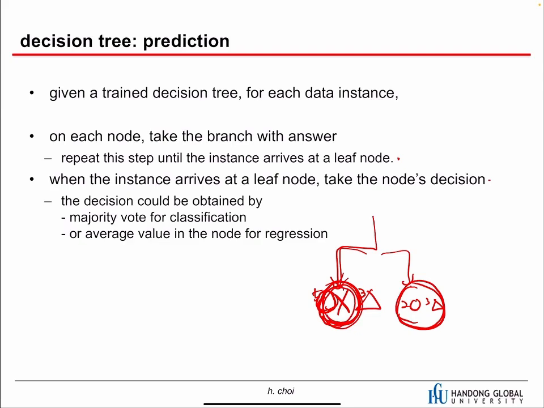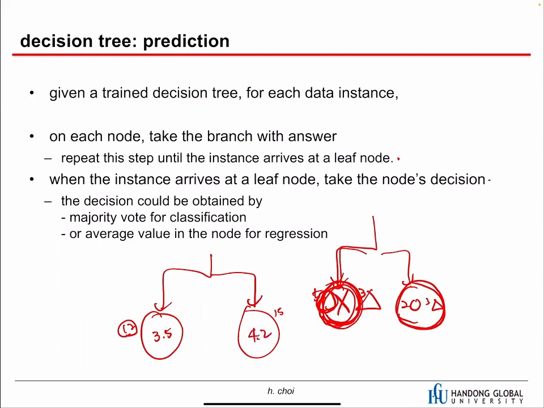So let's say this one is a branch, and we have lots of samples here, like 12 samples, and we take an average of these 12 samples. Then let's say this one is 3.5, and for this branch we have 15 samples, and then we take an average, and that is 42.